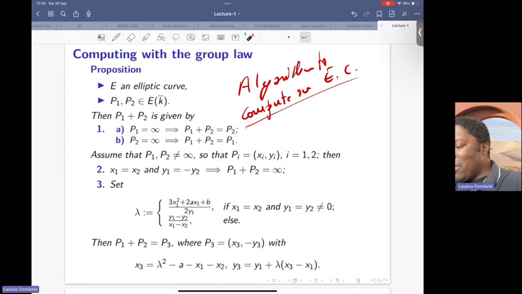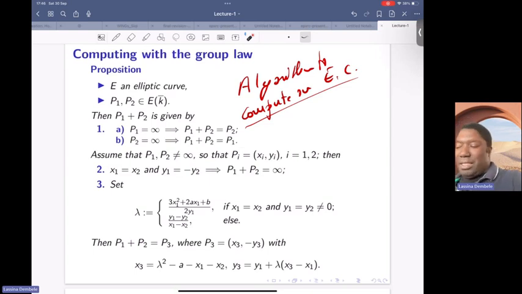And then if neither of these 2 elements is the neutral element, then you would have two cases. In the first case, the 2 points have the same x coordinate, but the y coordinates are opposite, which means that these 2 points are sitting on a vertical line, and so they are opposite of each other, and you get that the sum is 0.